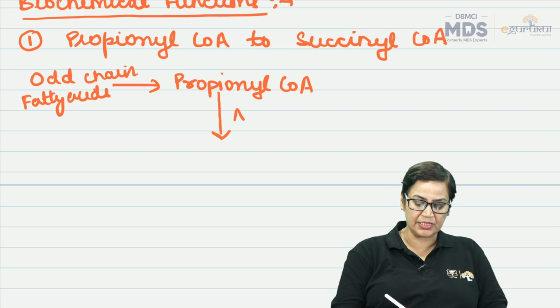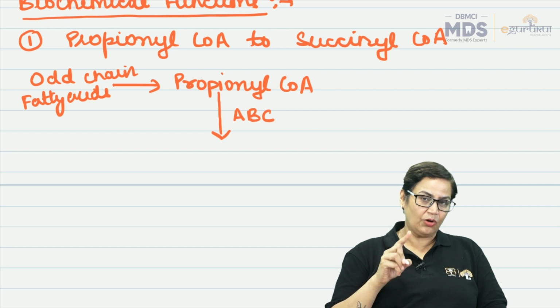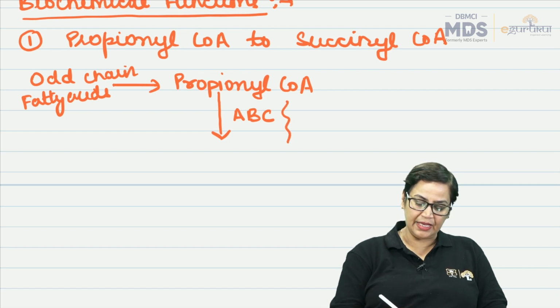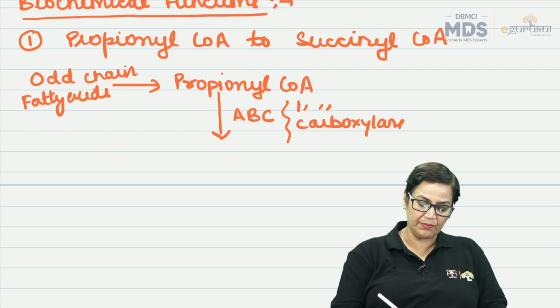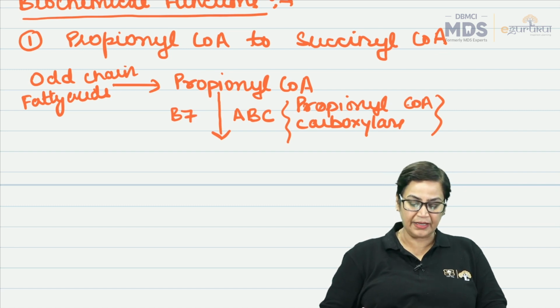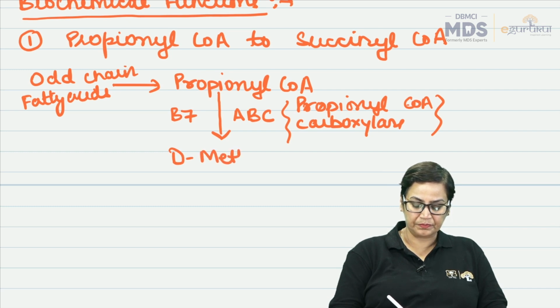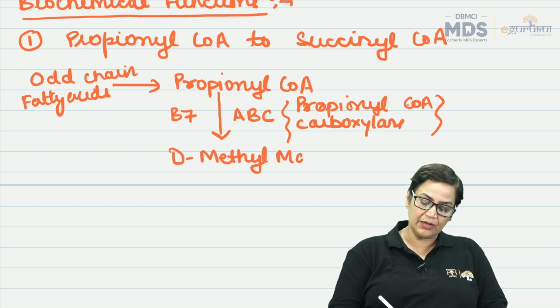Carboxylation I have already told you, just remember the mnemonic ABC, meaning B7 or biotin, and the enzyme is propionyl coenzyme A carboxylase. B7 is the coenzyme again. So here it will form methylmalonyl CoA.